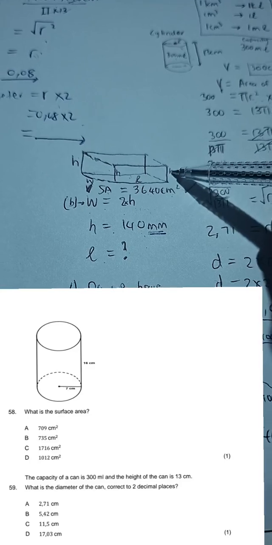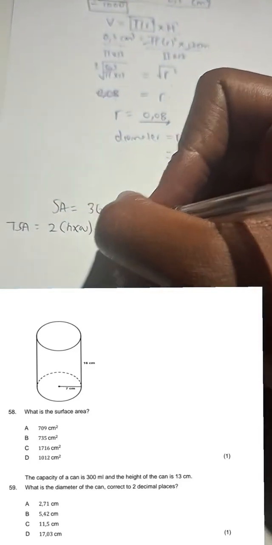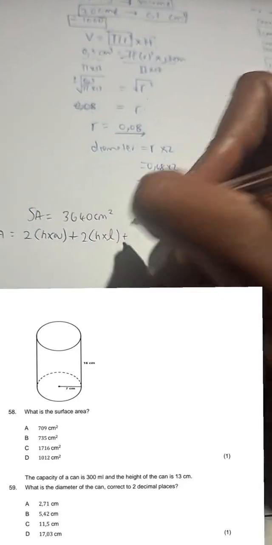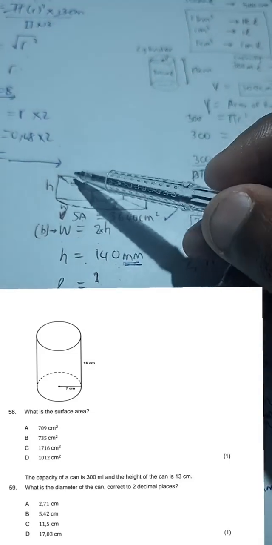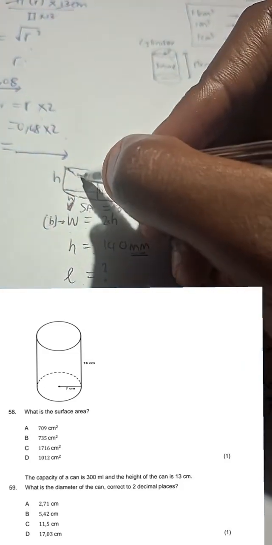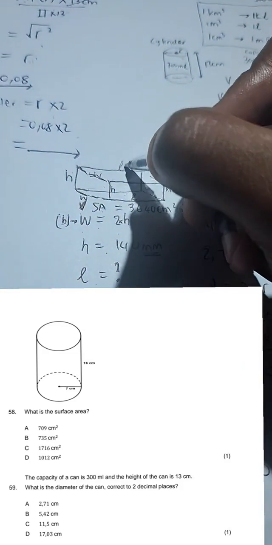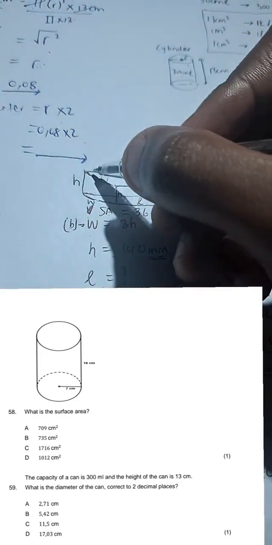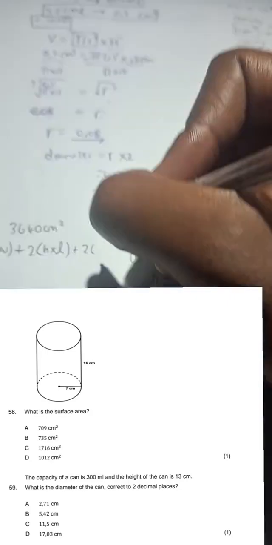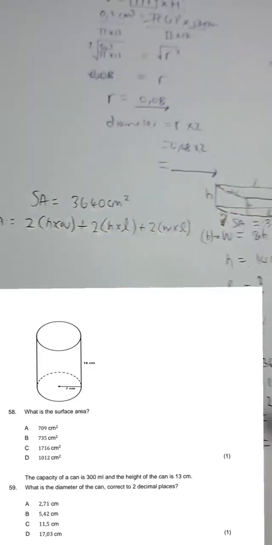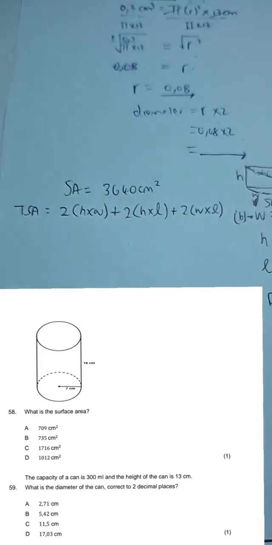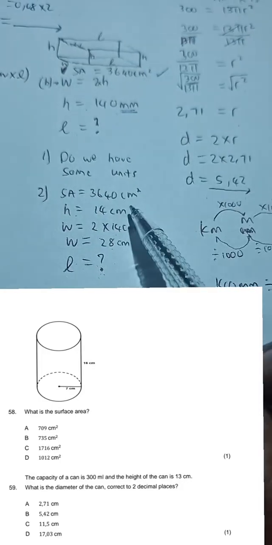Its dimensions are H and L. We have 2 times H times L. Plus the last rectangular face, the one at the top. It has W, the width, and the length, which is L. So we say 2 times W times the length.